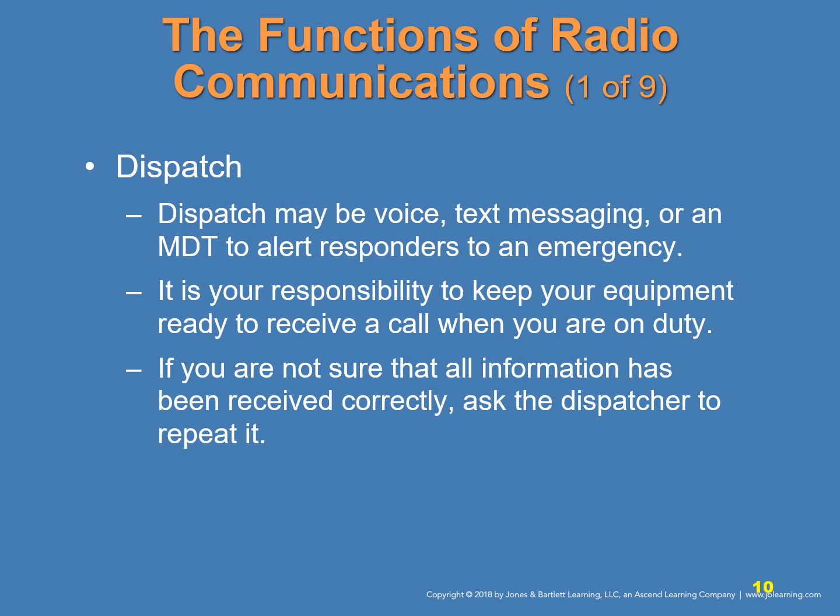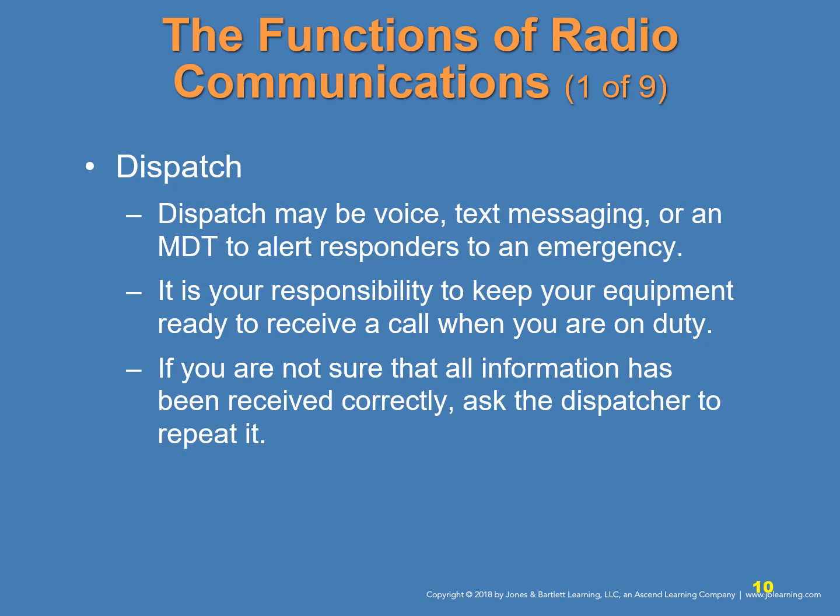Let's talk about the functions of radio communications. Communication systems are used for different functions. Calls for medical assistance can be broken into 6 phases: dispatch, response to the scene, arrival at the scene, update responding EMS units, transferring the care of patient to other personnel, and post-run activities.